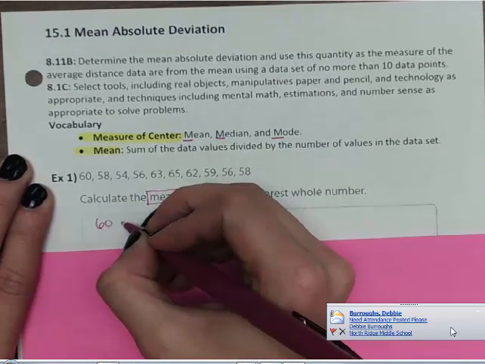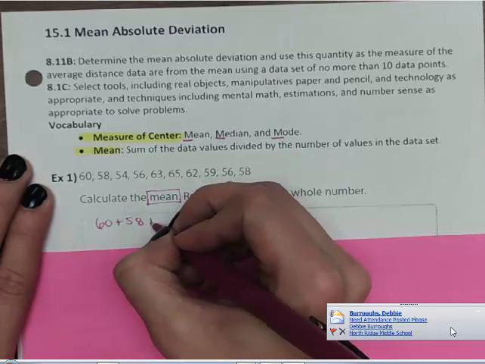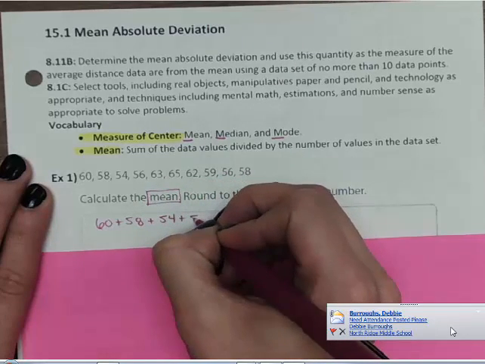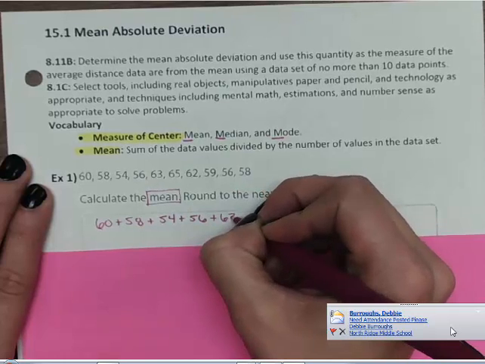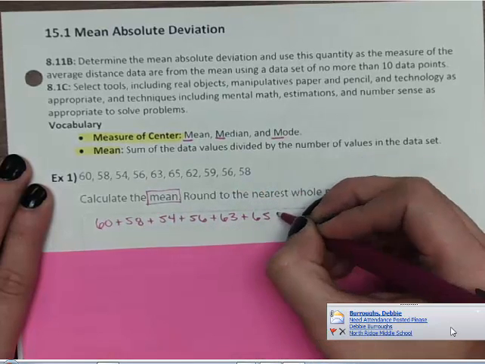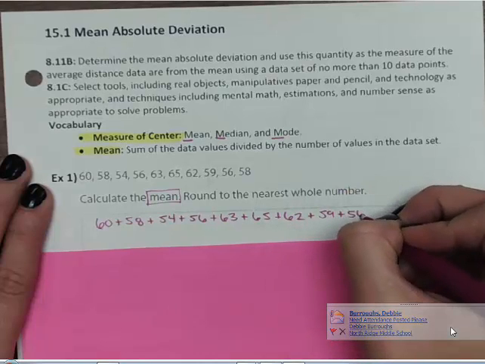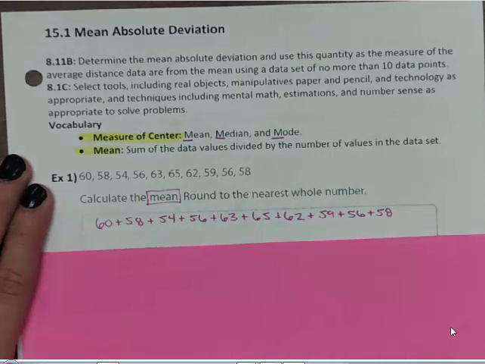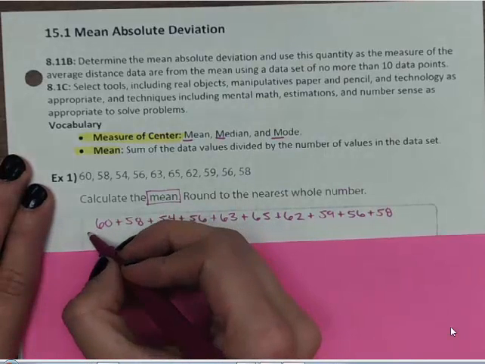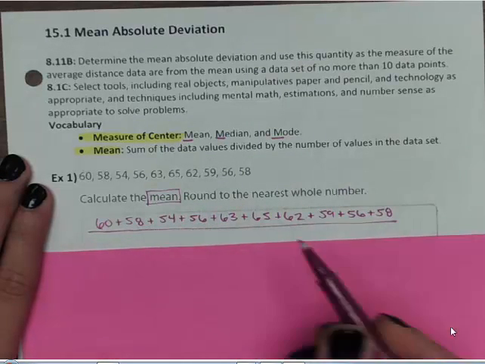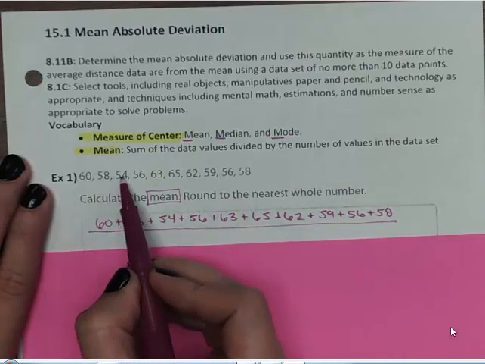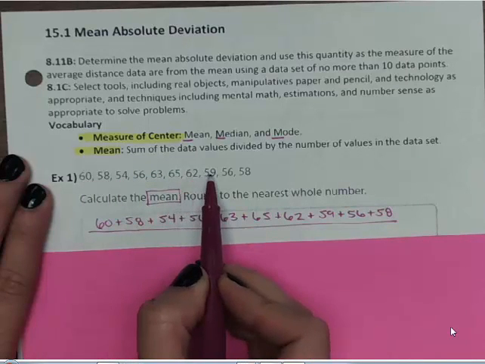So I'm going to add 60 plus 58 plus 54 plus 56 plus 63 plus 65 plus 62 plus 59 plus 56 and plus 58. I need to figure out the sum of that and then divide it by the number of values. So first of all, let's divide it by the number of values that we have. We have 1, 2, 3, 4, 5, 6, 7, 8, 9, 10.